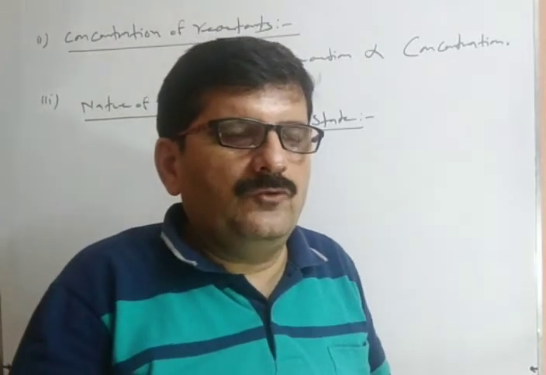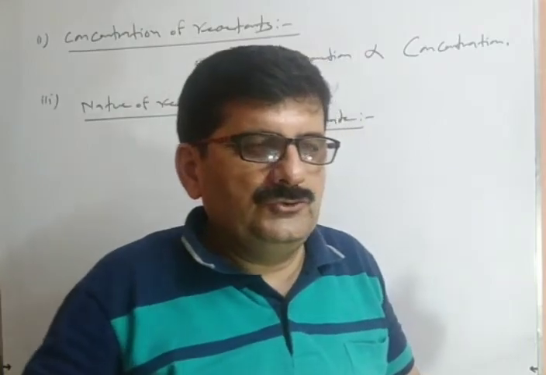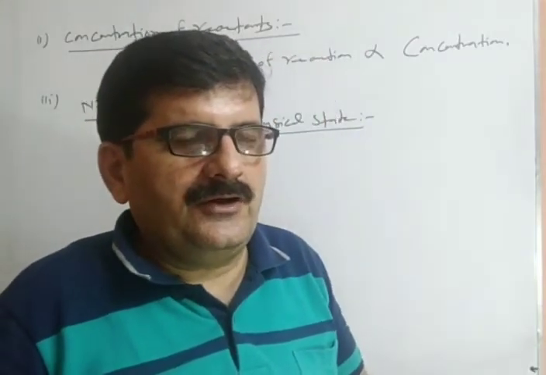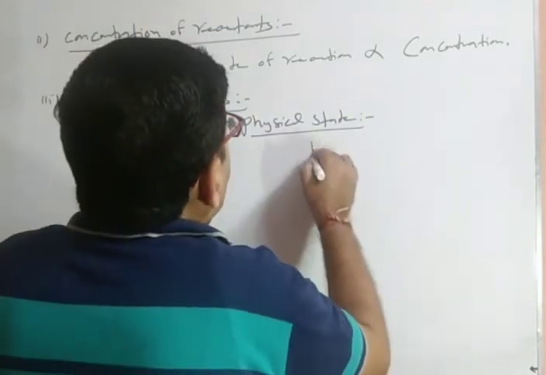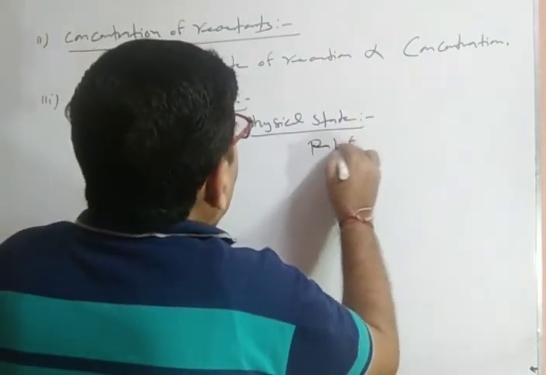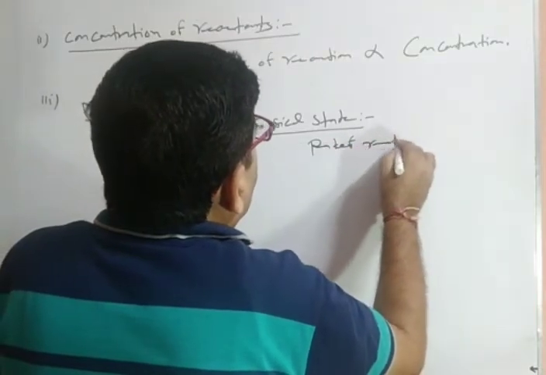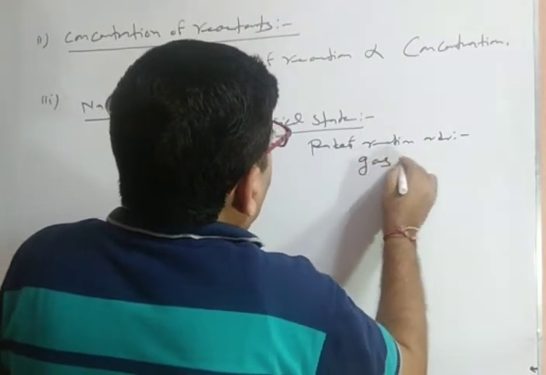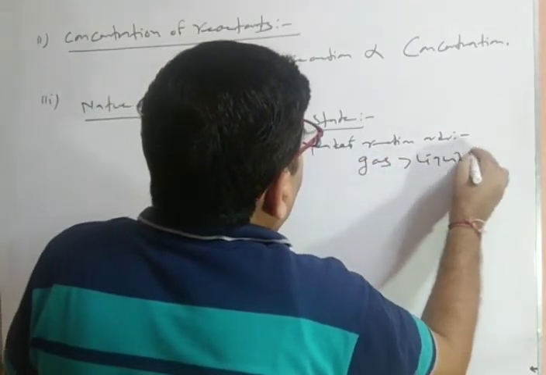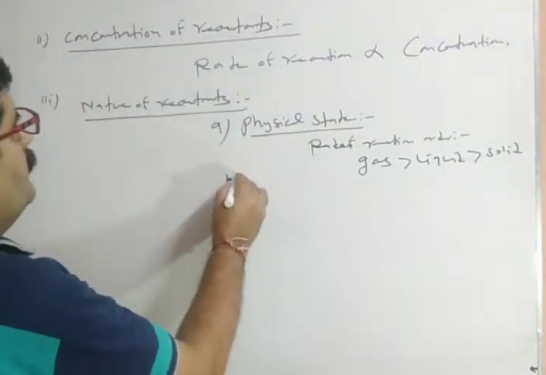Liquid reactions are faster compared to solid reactions. Solid reactions are slower. Why? Because of strong intermolecular attraction between particles. So we can say rate of reaction order: gas, liquid, then solid.